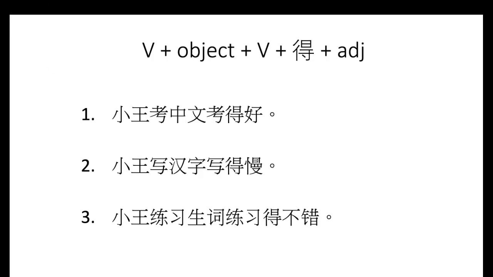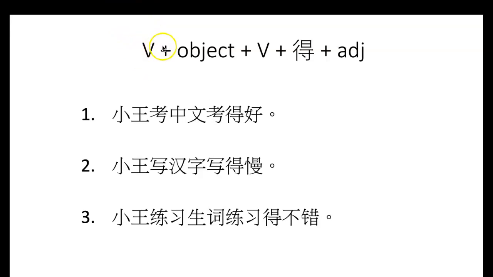The first one is the descriptive complement. Okay, so the most important thing that you need to review is the structure of this grammar. Remember, you have to follow this structure as closely as you follow a math formula.